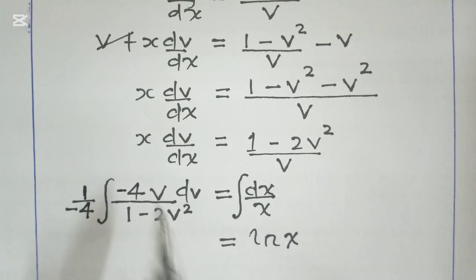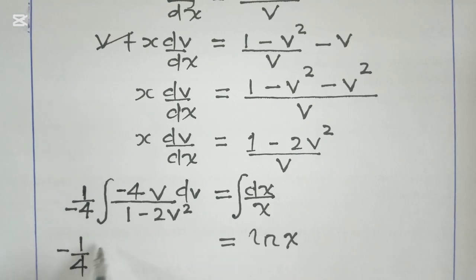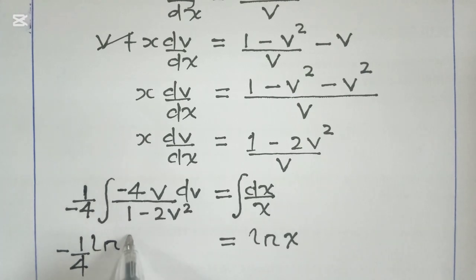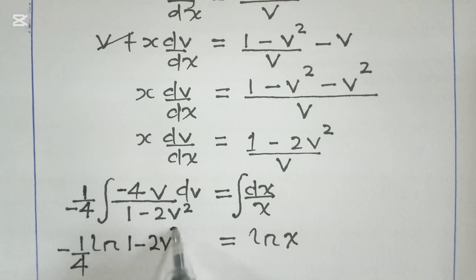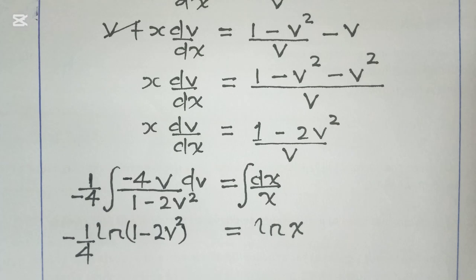So when we integrate this side, we are going to have negative 1 over 4 natural log of 1 minus 2v squared. That's what we have on that side.